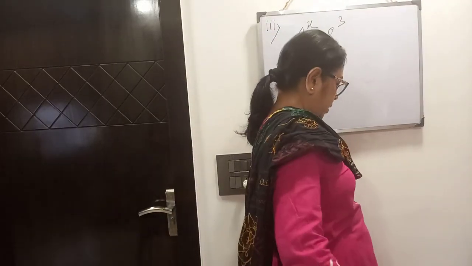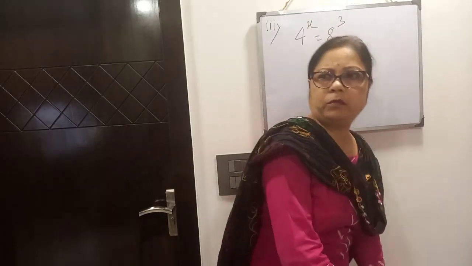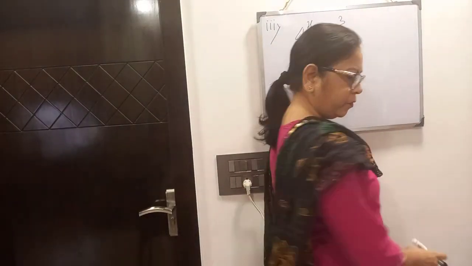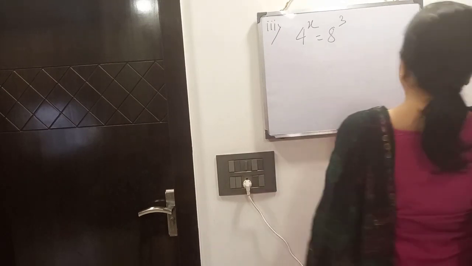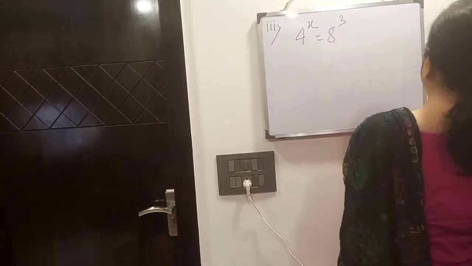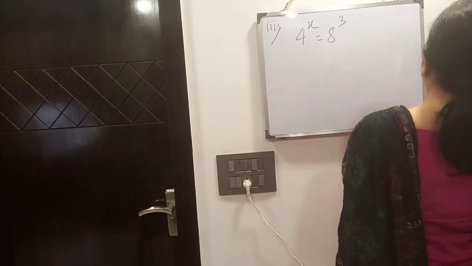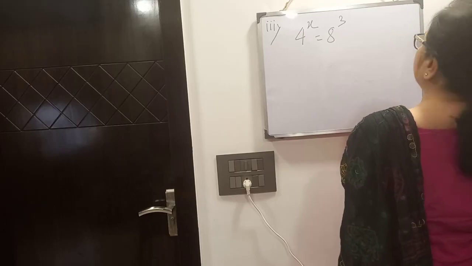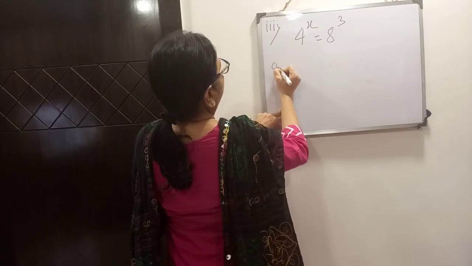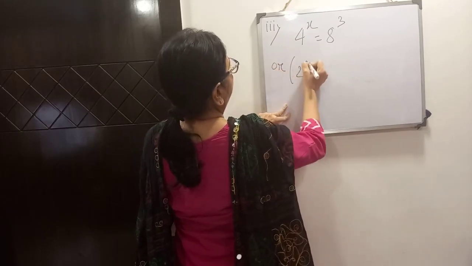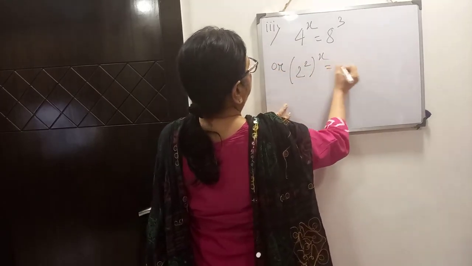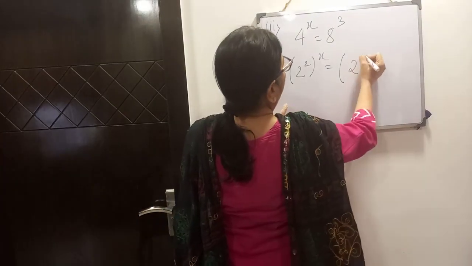Then you have to calculate the value of x. Clear? 4 to the power x equals to 8 cube. So from both sides we'll convert it in terms of 2. 4 means what? We can write 2 square, and 8 means 2 cube. Clear?